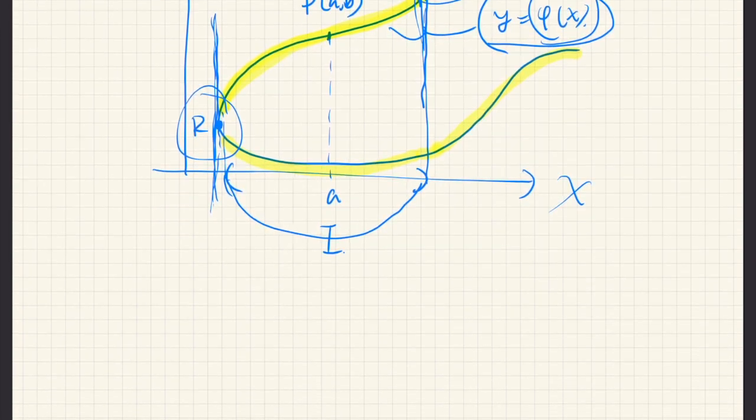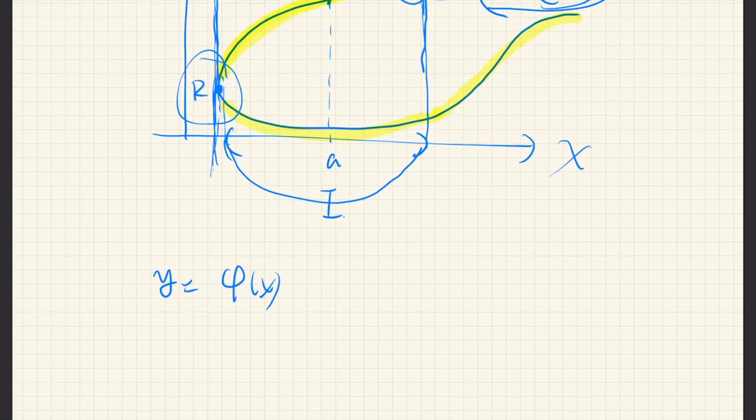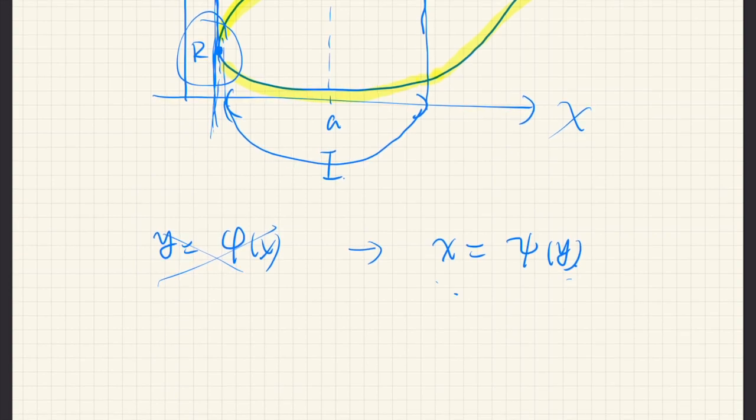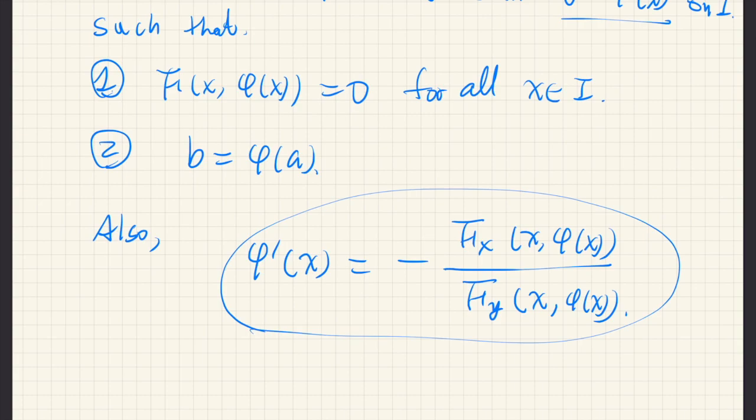So instead of y equals phi of x, we may find something like x equal to psi of y, so x as a function of y, as long as the partial derivative with respect to x at point (a, b) is non-zero. So the roles of x and y are swapped.